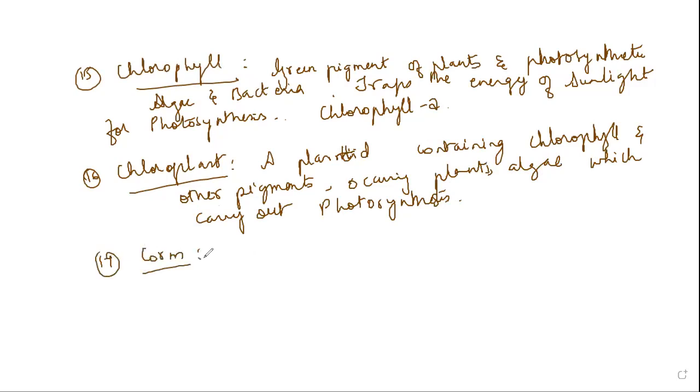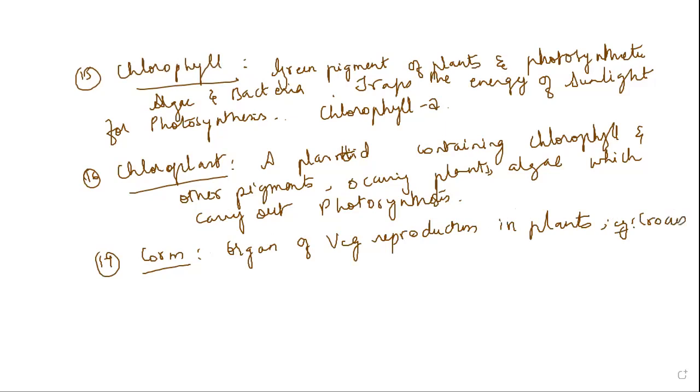Next botanical term, corm. Now, what is corm? It is the organ of vegetative reproduction in plants such as crocus, consisting of a globular stem, base swollen with food, surrounded by papery scale leaves. What is this? It is the organ of vegetative reproduction in plants. Example, crocus.